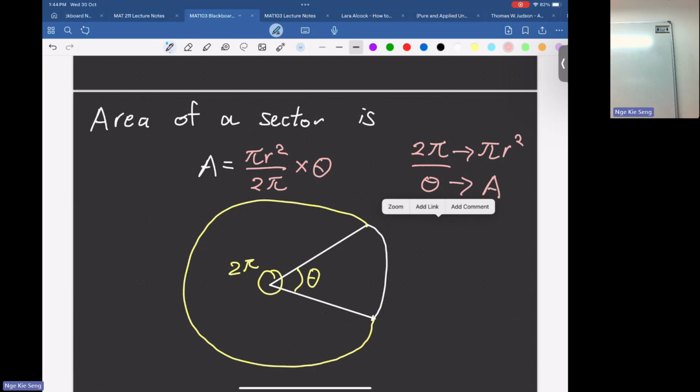Does it make sense? And then in total you get what? Half times r squared theta. Right?